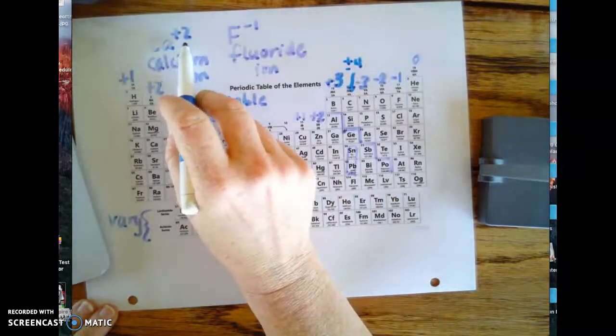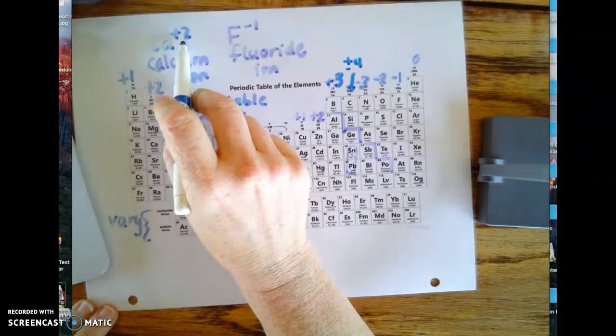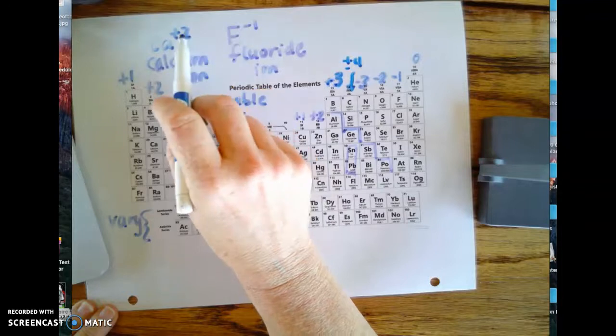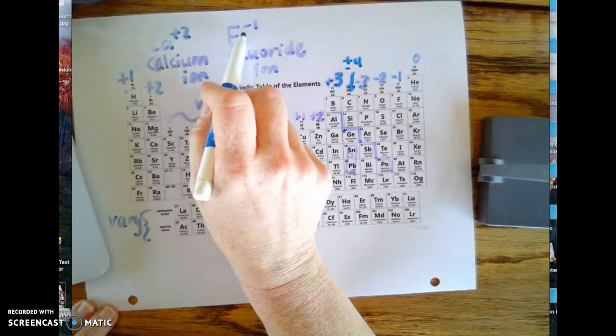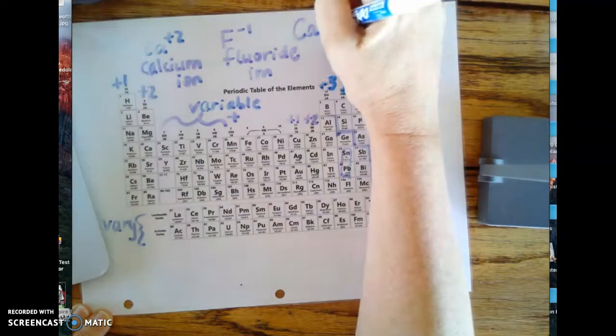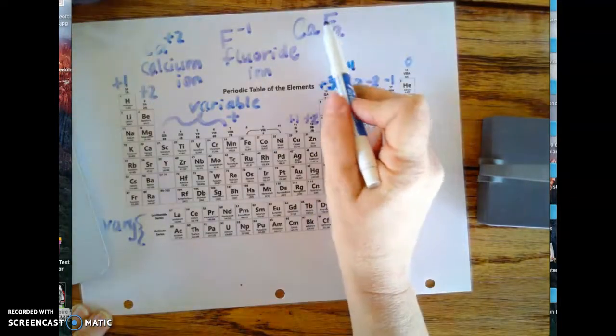For every positive charge, there has to be an equal amount of negative charge. And so +2 calcium, I need 2 -1 charges, so I'm going to need 2 fluorines. So the formula is going to be CaF2 to show that I need 2 fluorine atoms for every calcium atom.